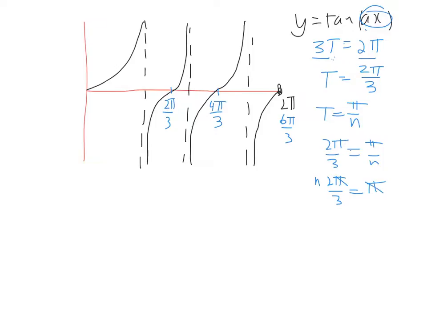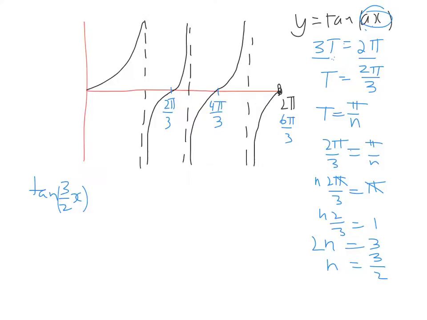So we've got now n times 2 over 3 equals 1, multiply everything by 3, so 2n equals 3, divide by 2, n equals 3 over 2. So that's our value for a. So we've got tan of 3 over 2 x. So that's what we have there.